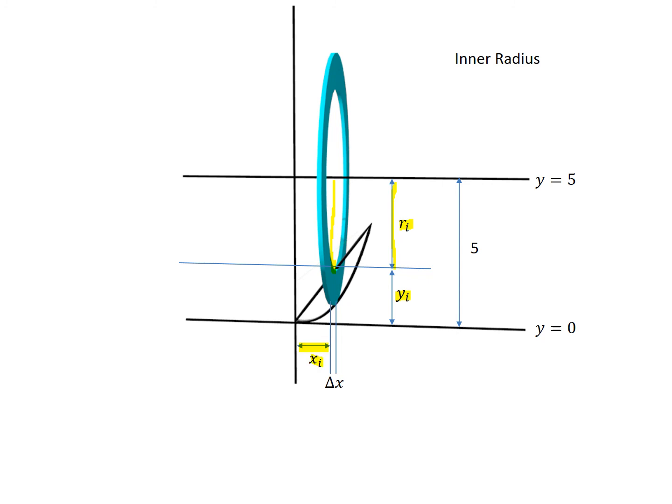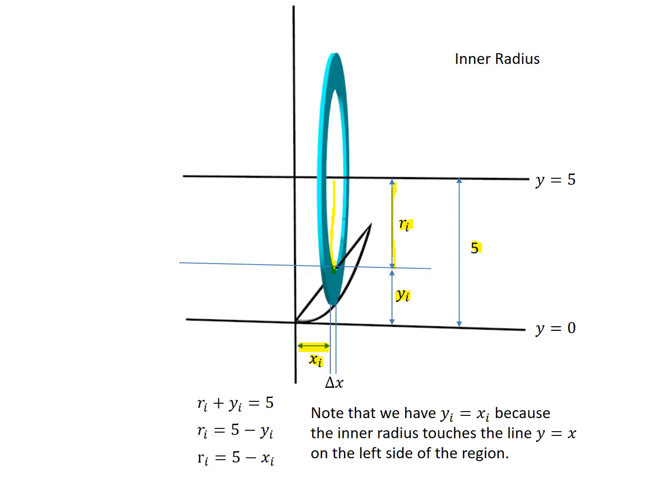And again, we might notice that r sub i plus y sub i is 5. Right? You can see that graphically here. So my little r sub i is 5 minus y sub i, which means that little r sub i is 5 minus x sub i because we're on the line y equals x. And so this is our inner radius. So now we know both our outer radius and our inner radius.